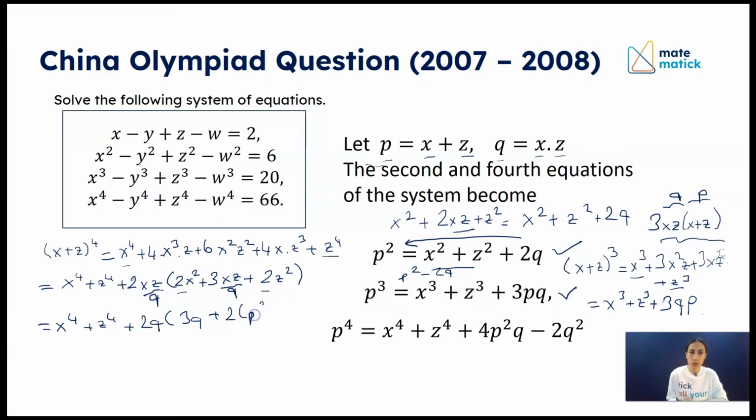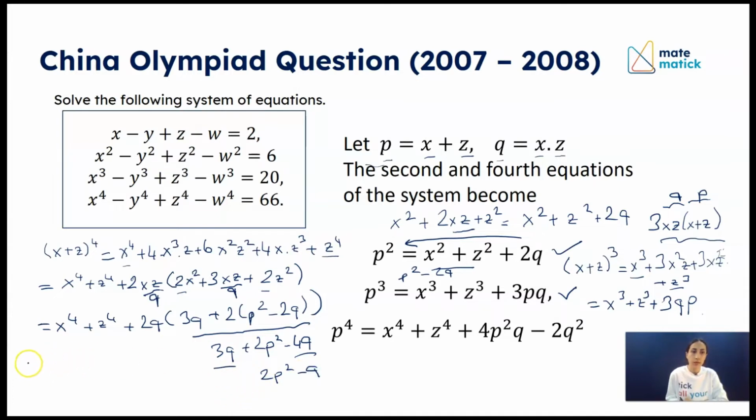So let's make it much clearer. This is 3q plus 2p squared minus 4q. So minus 4q plus 3q, it will be 2p squared minus q.